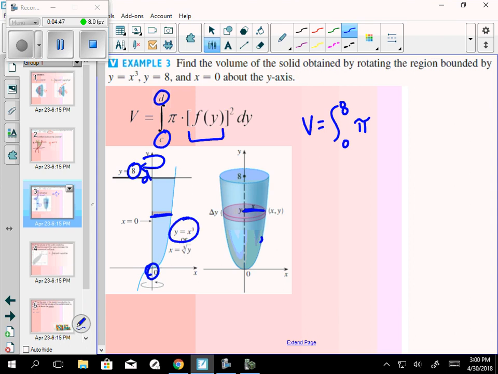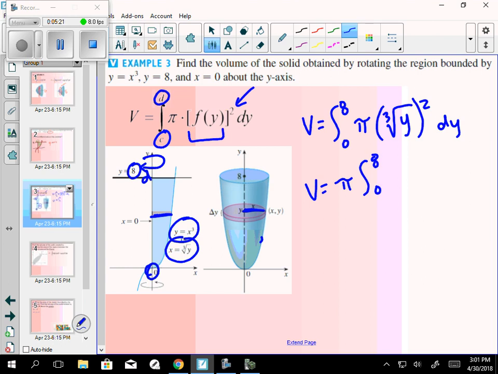We need to change that into an x equals equation. So if we find the inverse by taking the cube root of both sides, we see x is equal to the cube root of y. So that would be our function here, the cube root of y. It's pi r squared, so we need to square this like we were doing yesterday. And this is going to be a dy function, not a dx one. So now if we solve this, we should get the answer. Similar to yesterday, we can pull that pi out because that is a constant.